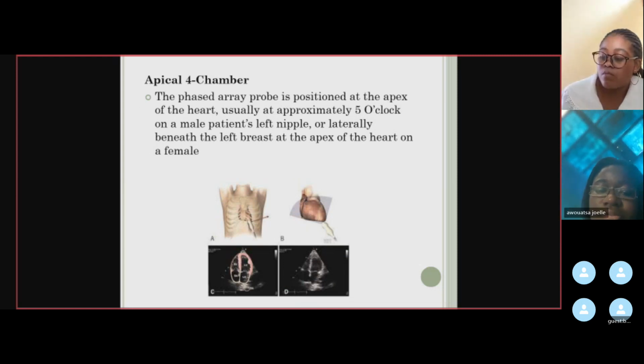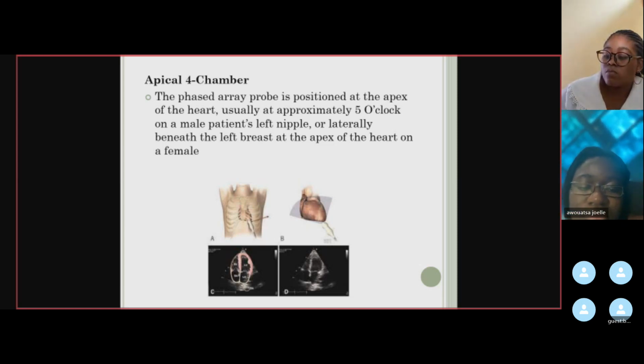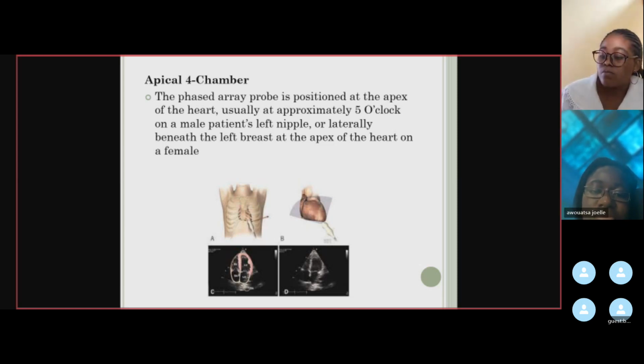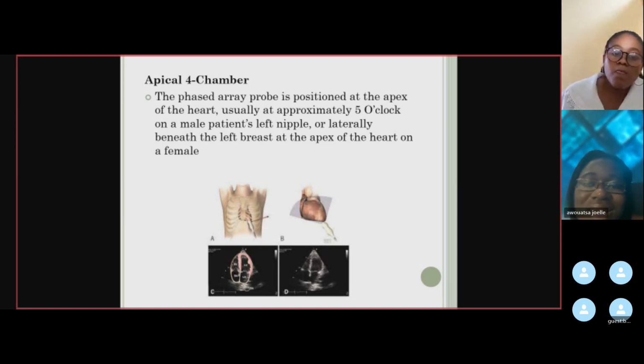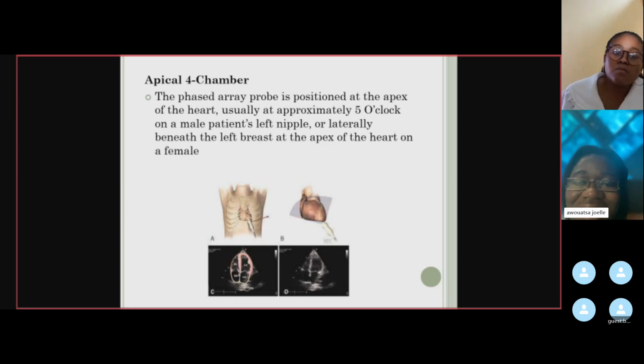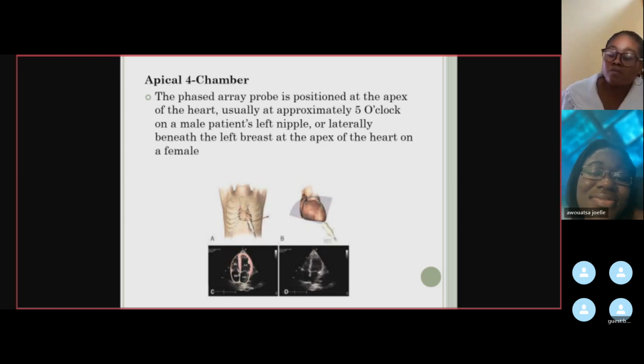Next is the apical four-chamber view. Do you all know the anatomy of the heart? Yes, madam. How many valves are there? 4. You name them.